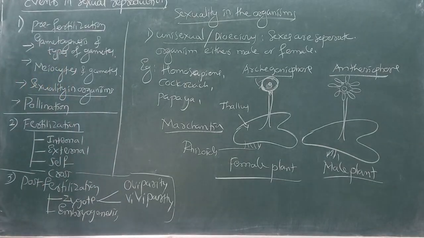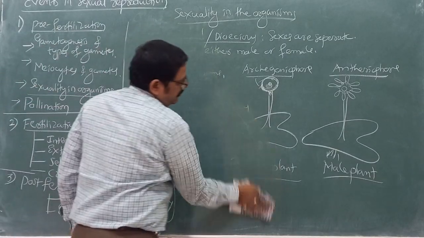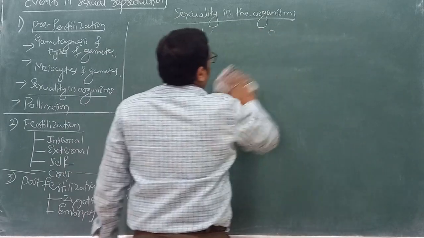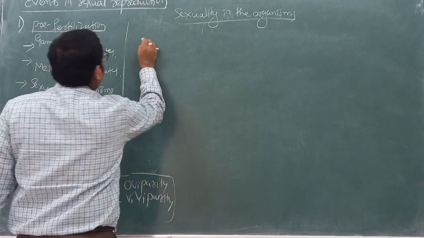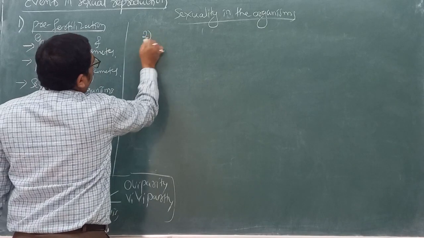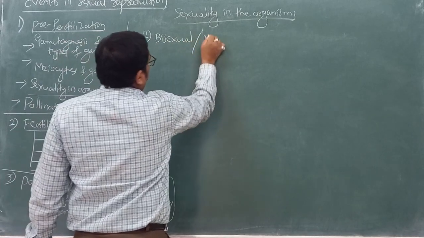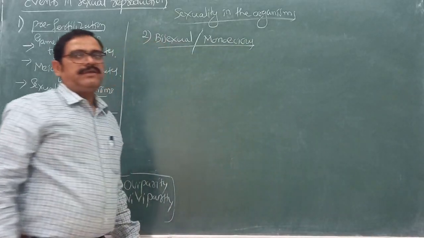Now let us go ahead with the next kind. Not only unisexual, we also have to study bisexual organisms. Bisexual means the organism has both male and female reproductive structures. Bisexual organisms are also called monoecious organisms.